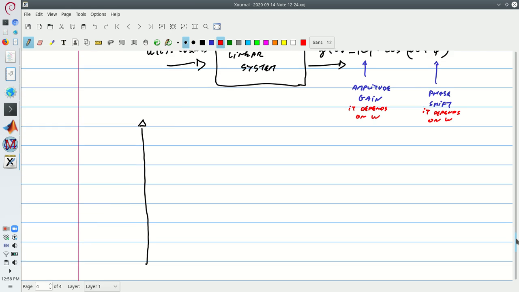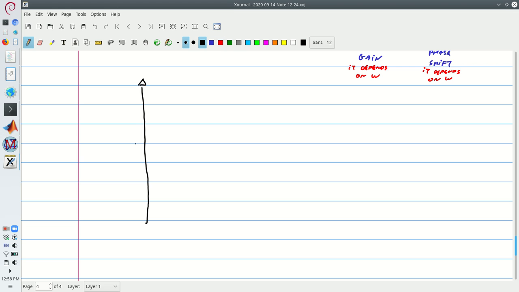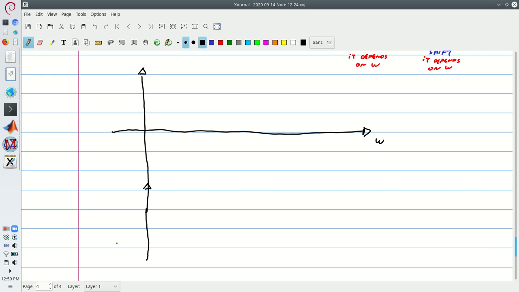So the Bode plot is actually two plots. On the x-axis you report omega, with one caveat that I'm going to tell you soon. Here you have your g as a function of omega, and in the second plot you have your phase shift as a function of omega.